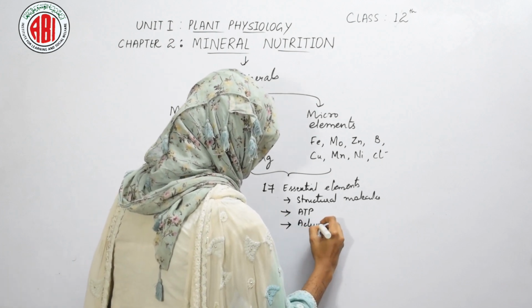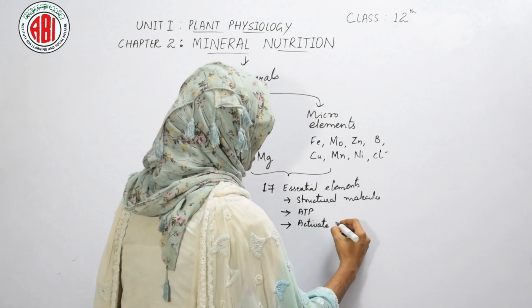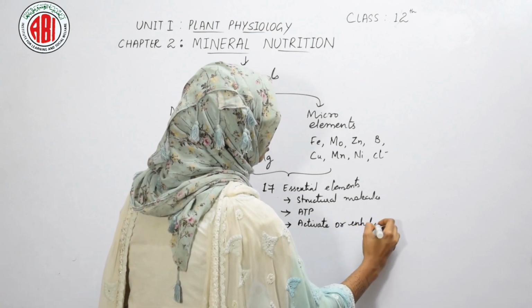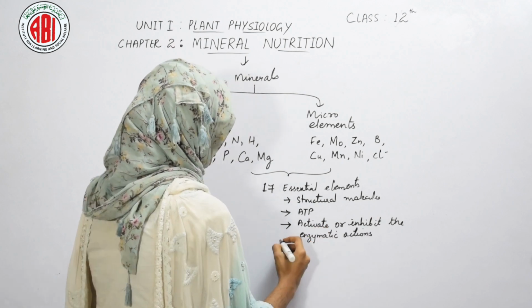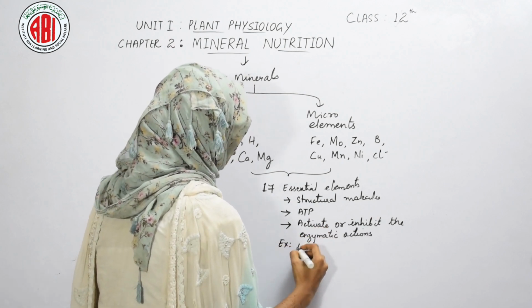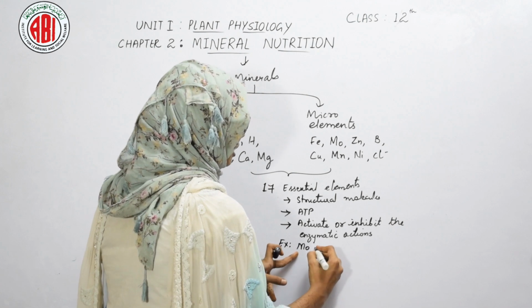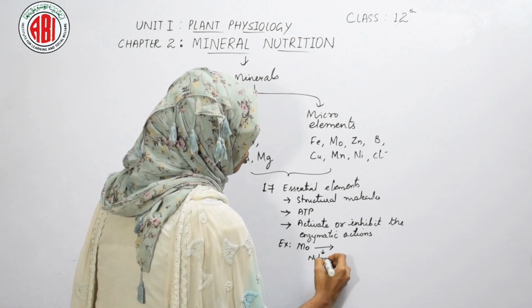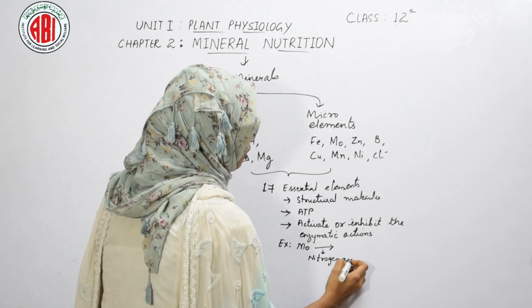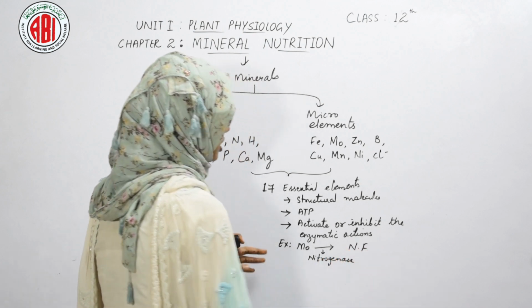These elements are able to activate or inhibit enzymatic actions. Here we can take the example of molybdenum. This essential element activates the enzyme nitrogenase, which helps in carrying out the process of nitrogen fixation.